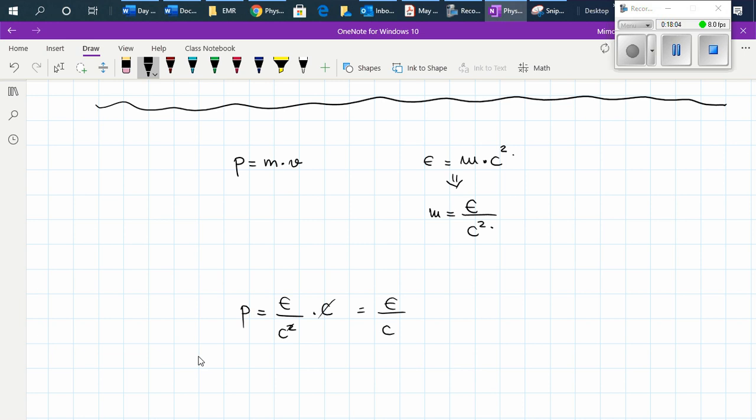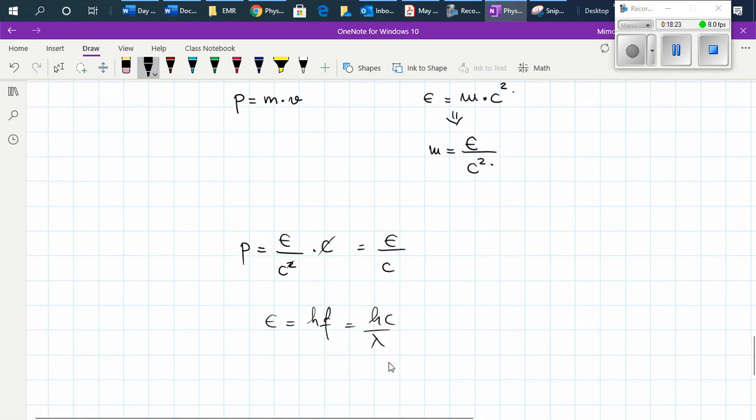And we know from Planck's equation that E is equal to hf or hc over lambda, so we replace that.